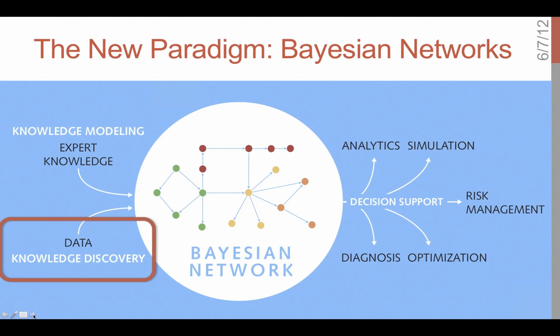That's where we showed how our software can learn from observations in lots of data to automatically create Bayesian networks, which we can then analyze and use for decision support, analytics, simulation, diagnosis, and optimization. An example of optimization was our webinar a few weeks ago about marketing mix modeling. That was a typical example of knowledge discovery followed by optimization.